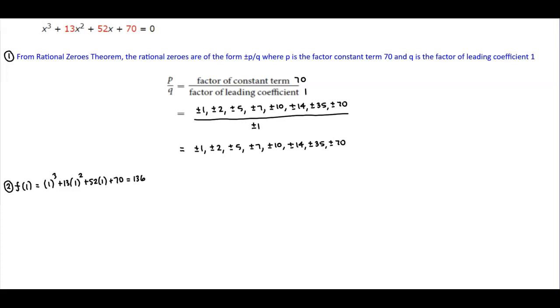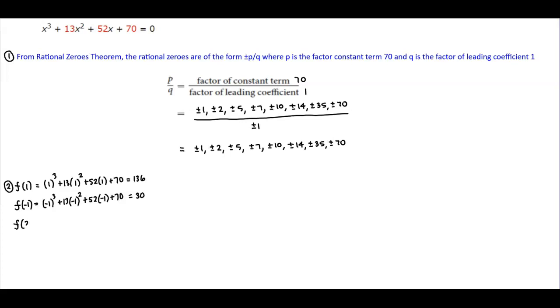If we try f of negative 1, we get negative 1 cubed plus 13 times negative 1 squared plus 52 times negative 1 plus 70, and that gives us a value of 30, so it has a remainder and is not a 0.